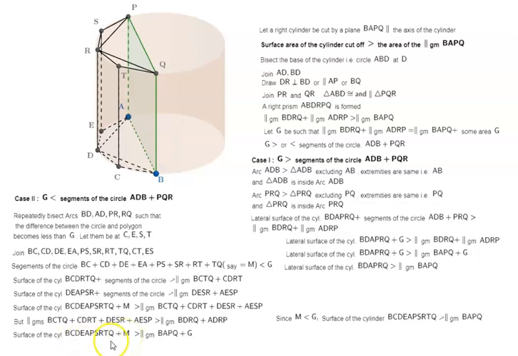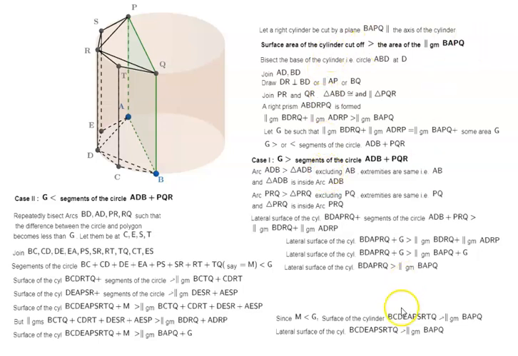A smaller magnitude is reduced from the left-hand side and a larger magnitude is removed from the right-hand side. So, which means surface of the cylinder BCDEAPSRTQ is greater than parallelogram BAPQ. That means the lateral surface of the cylinder BCDEAPSRTQ is greater than parallelogram BAPQ, which is what we had to prove again.